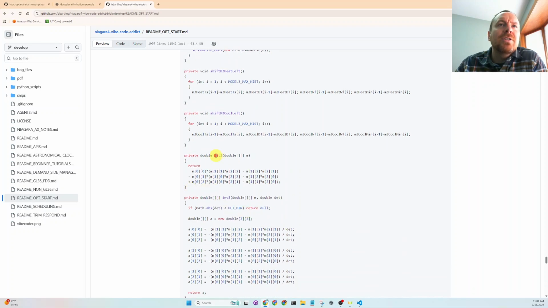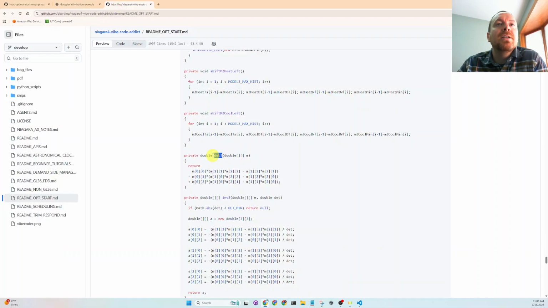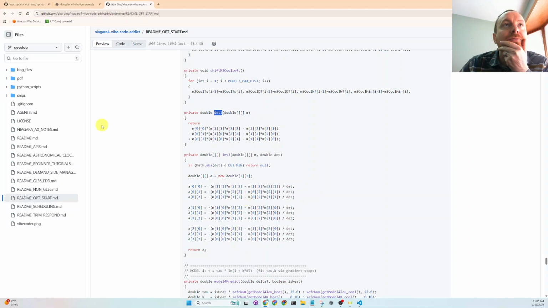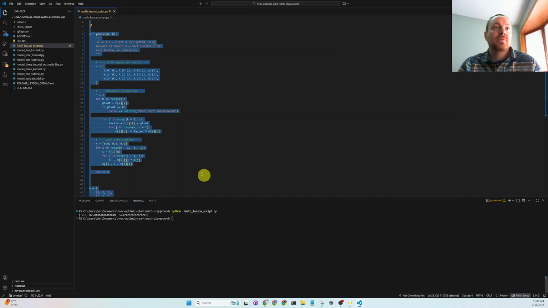And then like this function here, we return the determinant. Same thing as here. So Python world right here, compute the determinant, and then in Java we're doing it. Looks really similar. Copy our code.